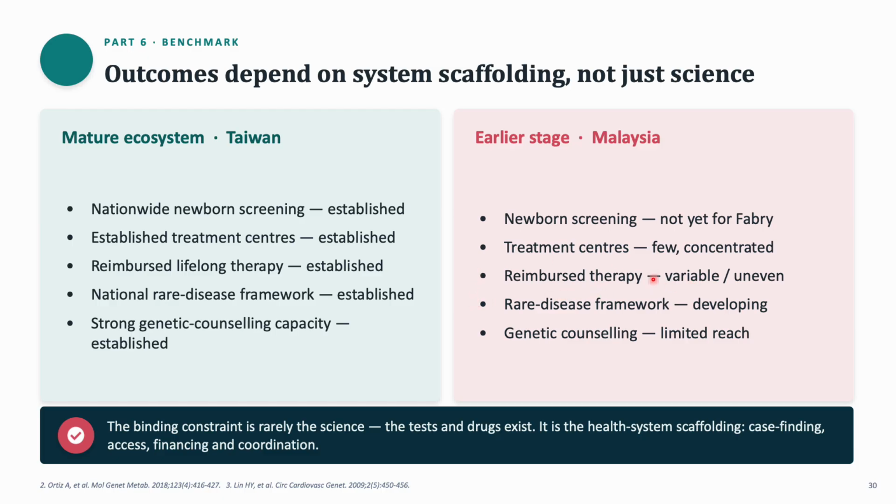Reimbursed therapy is variable. The rare disease framework is under development. Genetic counseling has limited reach. So the outcome depends on systemic scaffolding, not just science. It's important that the nation takes responsibility for rare disease care and has a budget to develop good lifelong therapy for Fabry disease.